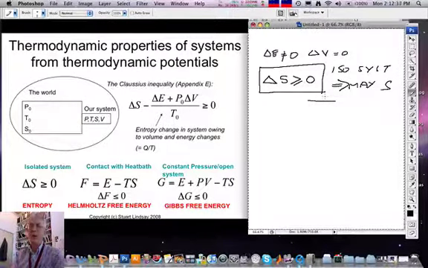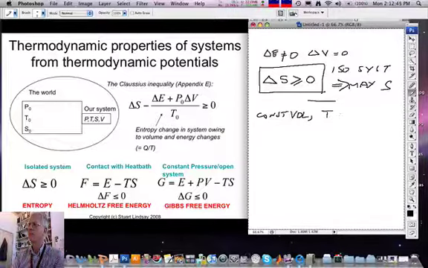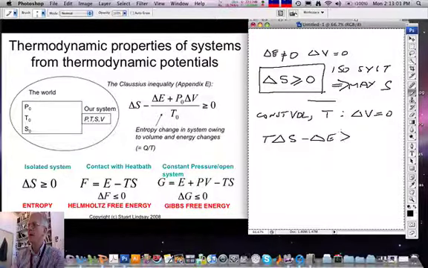Now, in the event that we are in a system in contact with a heat bath at constant volume, in this case delta V is 0, and so multiplying this equation by T, we arrive at T delta S minus delta E is greater than or equal to 0, or alternately, E minus TS, which we will call a Helmholtz free energy F, must be minimized.